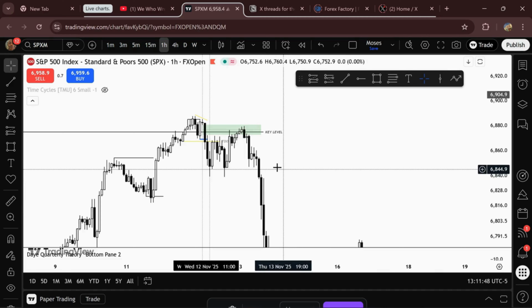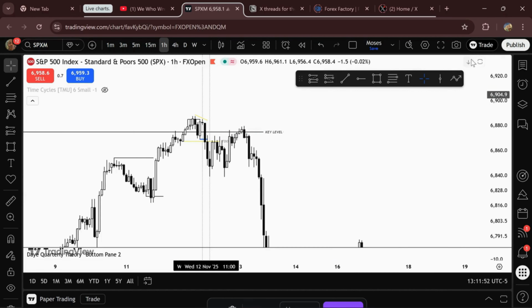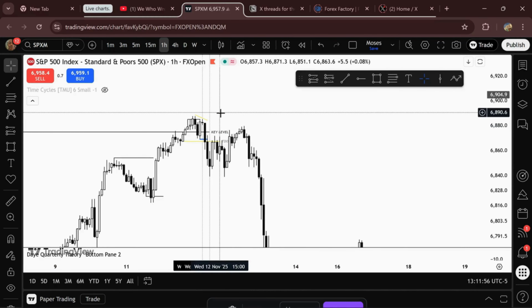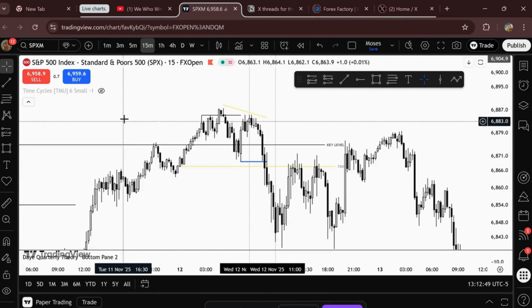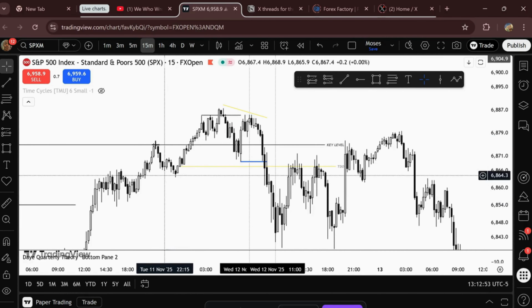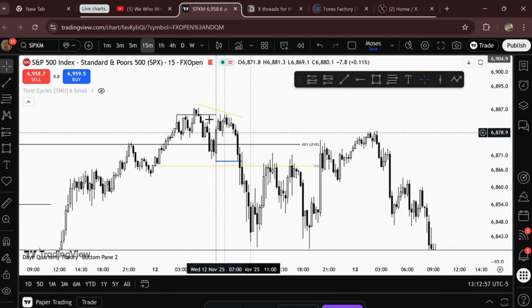Okay, so let's drop down to the 15 minutes time frame to investigate further how we could have engaged with price on the lower time frame. Okay, here is the 15 minutes time frame, and we have this price action here.